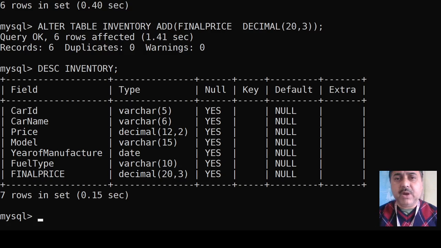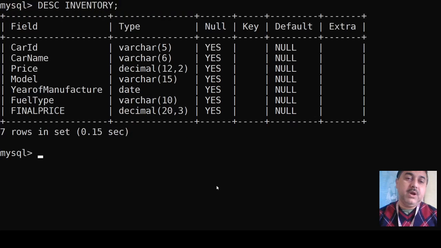There are two things, one is update and one is set. First we require the update. Update what? We need to update the table. What is the table name?